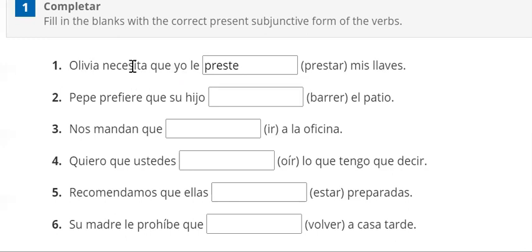Now, this first phrase, this subjunctive trigger, is in the indicative. Necesito, necesitas, necesita. This is the regular conjugation that you'd expect, and that's the way it pretty much will always be.